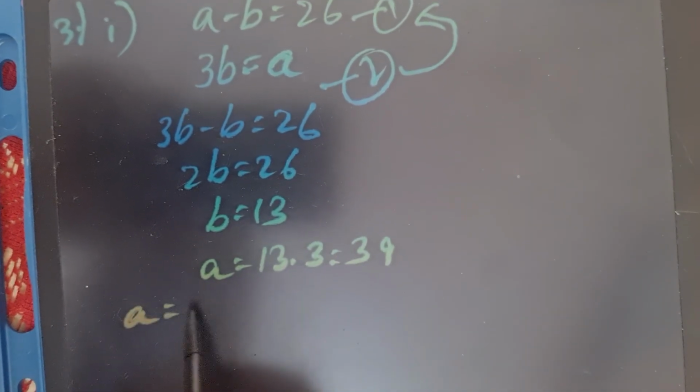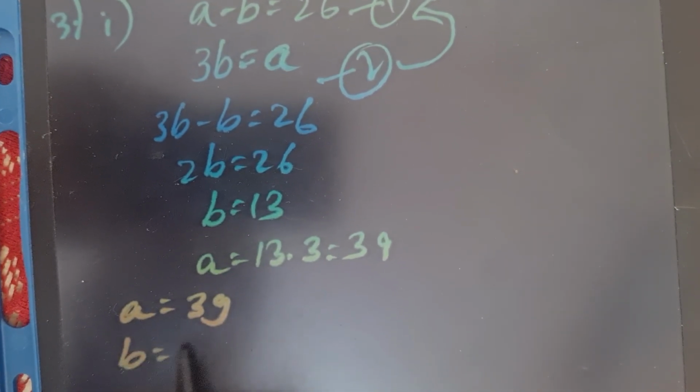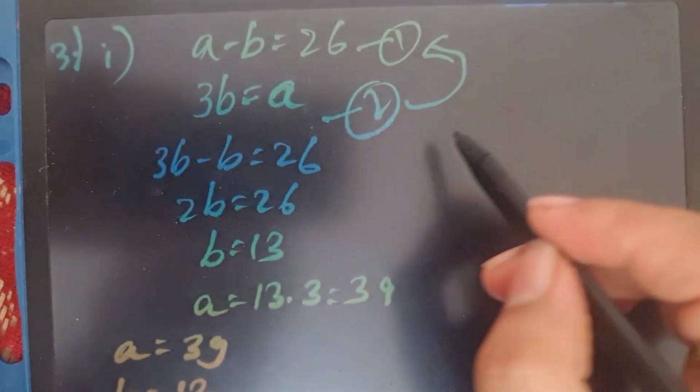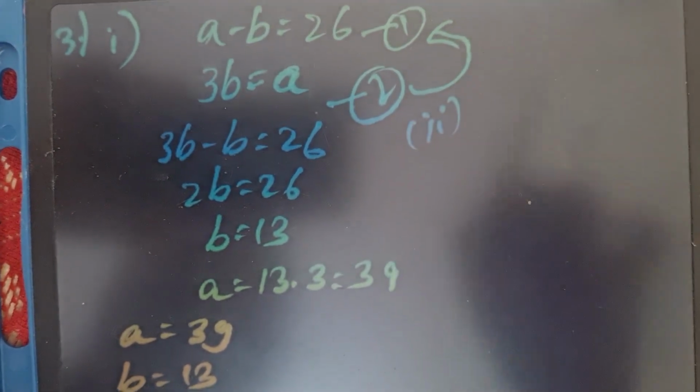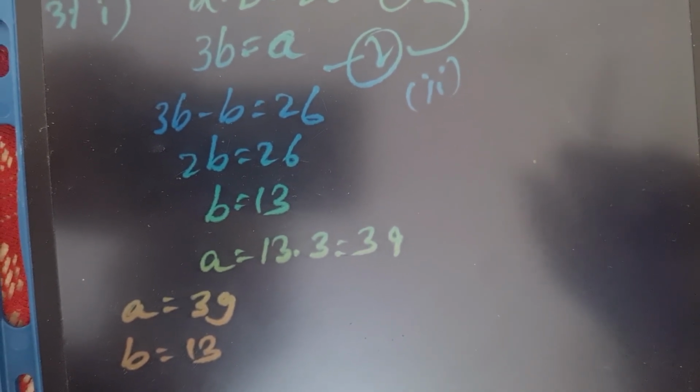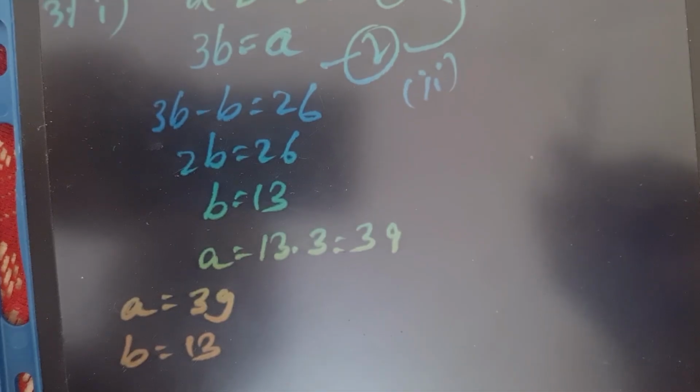So the value of a is 39 while the value of b is 13. Now the second part. The larger of two supplementary angles exceeds the smaller by 18 degrees.